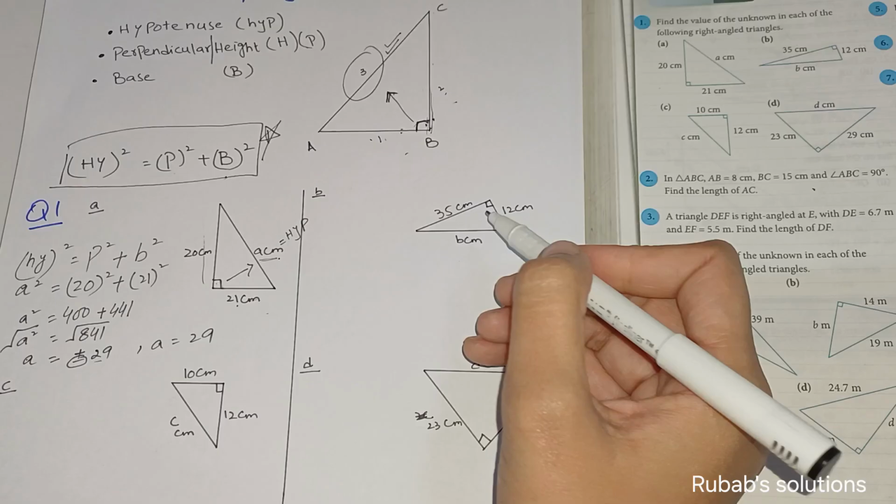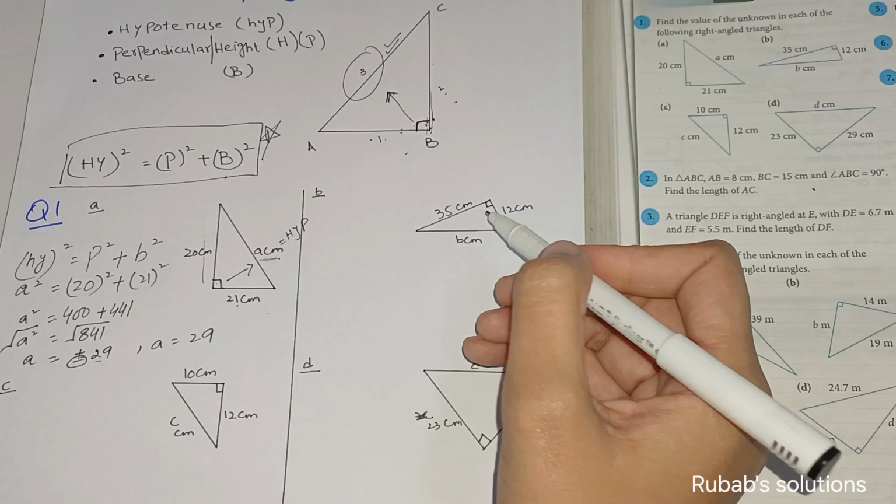You have to find the value of a. That means you have to take the square root on both sides. When you take the square root of both sides, you will get plus minus 29, but we will ignore the minus sign because obviously the side of any triangle can't be negative, so we will take only the positive. So we can write a is equal to 29 directly.